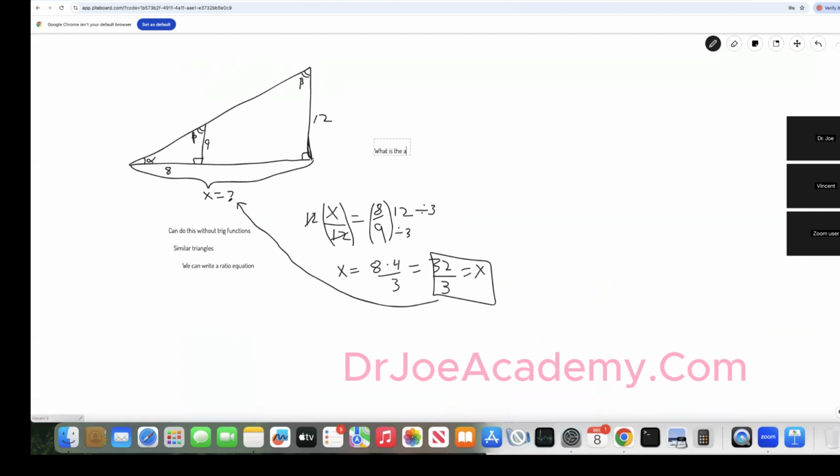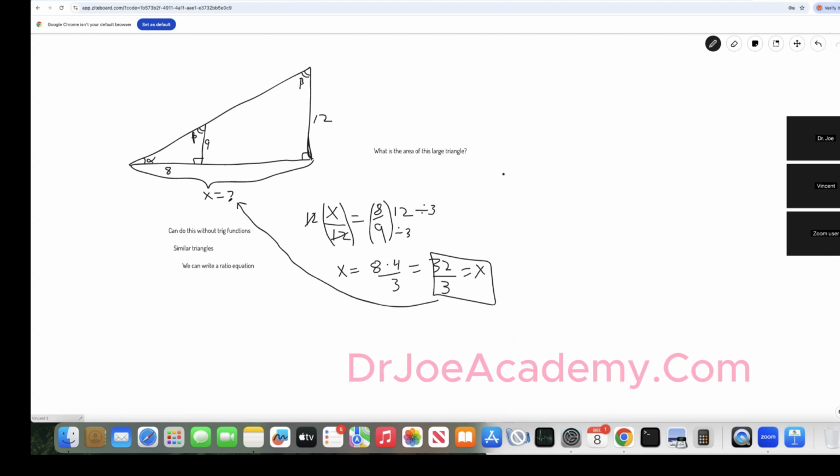What is the area of this large triangle? So in general, the area of a triangle is equal to 1/2 the base times the height.